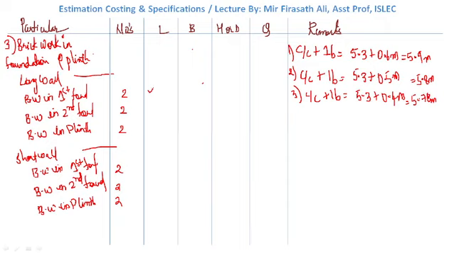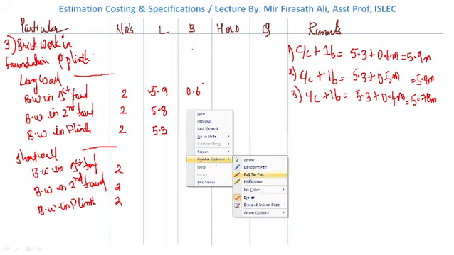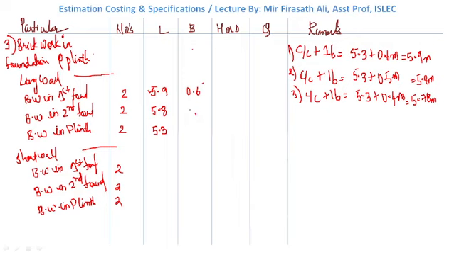So, 5.9, here we have 5.8, here we have 5.3. What is the breadth? 0.6, here 0.5, here we have 0.4.